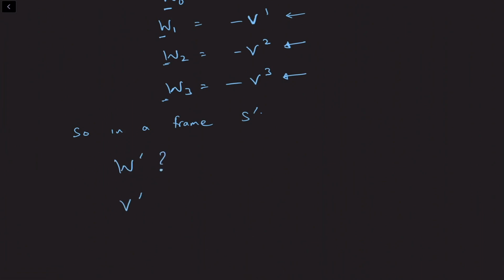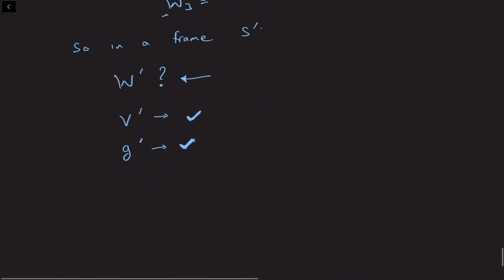We know what V prime is, and we know what G will be in the new frame. So this is known, this is known. The metric G is unchanged, because the space-time interval is unchanged. So the metric G is unchanged in a new reference frame. We know how V prime transforms, and therefore we can derive how W prime would transform.